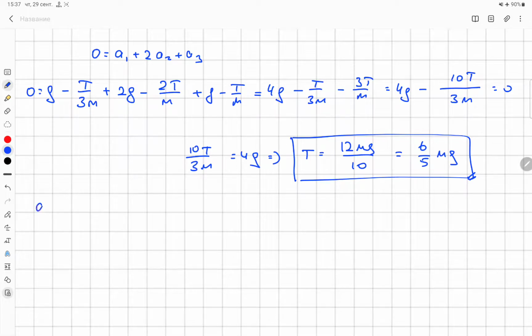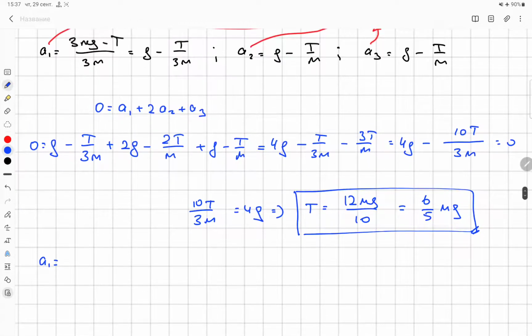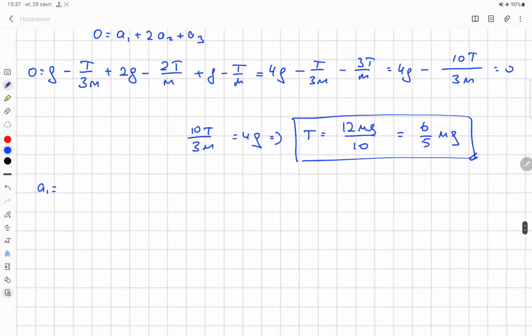Now we can find a1. a1 equals g minus T over 3m. So g minus 1 over 3m times tension, which is 6 over 5 mg. Mass 6 and 3, here we have a 2.